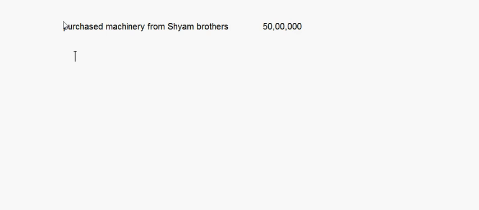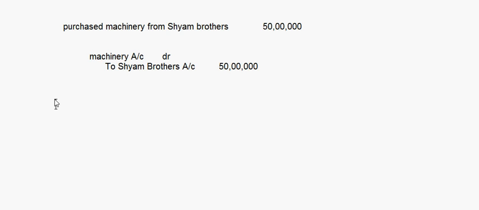Now the journal entry that we will make for this is, we are purchasing the machinery, so machinery account will be debited, and we are buying it on credit, so this is to Shyam brothers account, so that will be an amount of 50 lakhs, right?